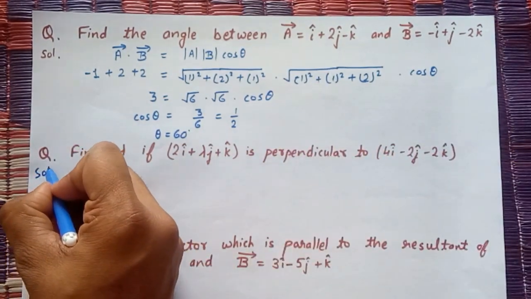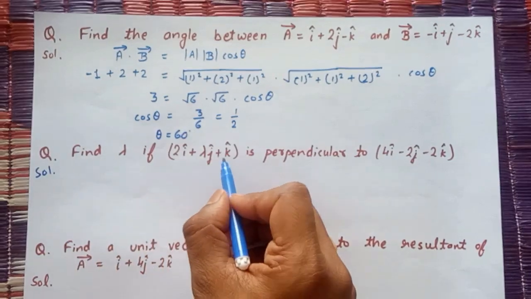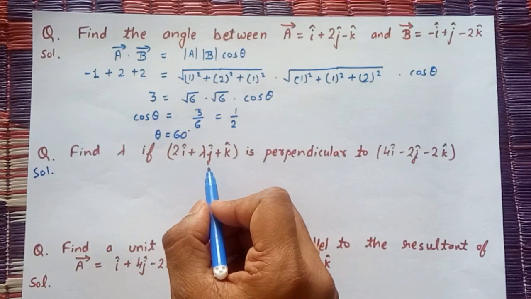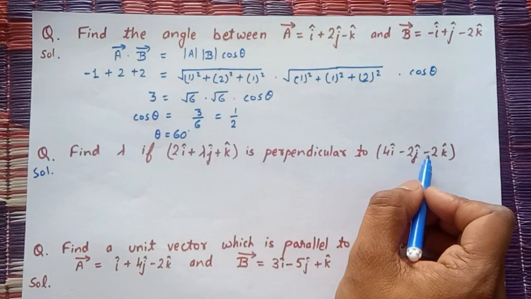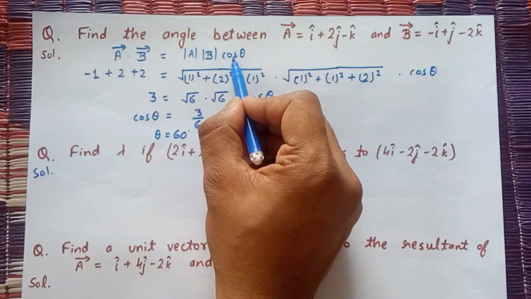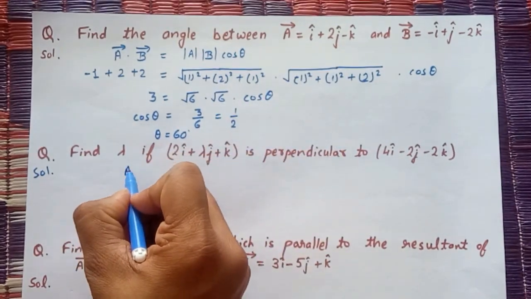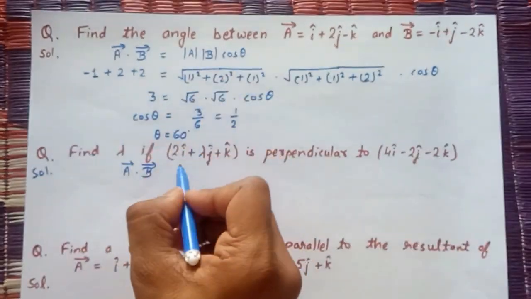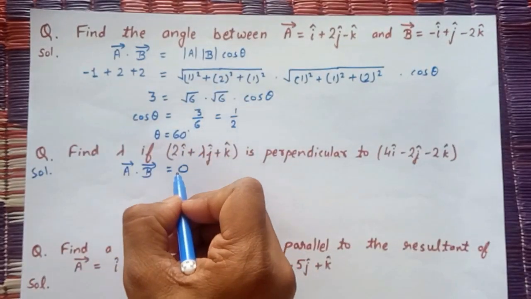Now the next question is, find lambda if this vector is perpendicular to this vector. When two vectors are perpendicular to each other, then theta is 90, and what is cos 90? Cos 90 is 0. So if two vectors are perpendicular, then the value of a dot b will be equal to 0.